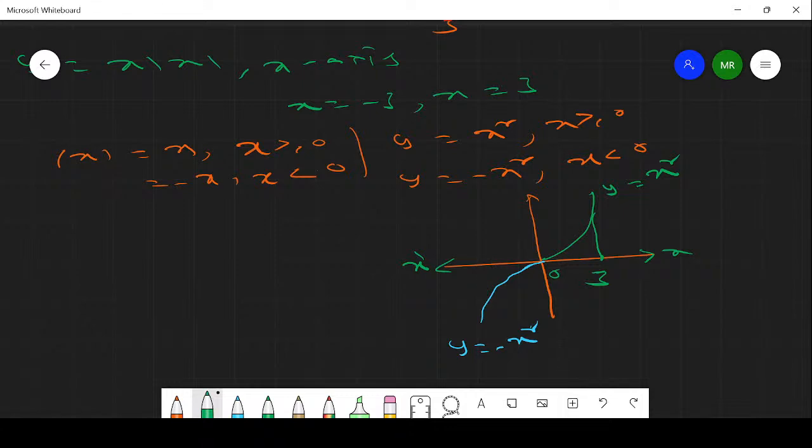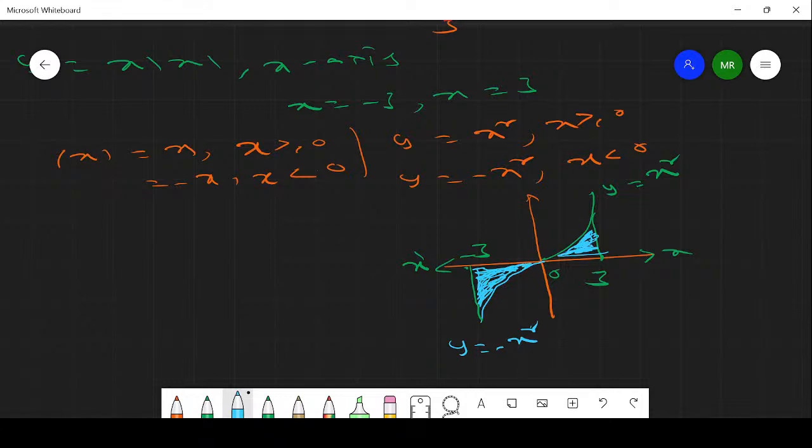I can draw the line. Between minus 3 to 3, what is the required area here? Now I can shade it, this is the required area, the shading in between. Correct, this is the required area.